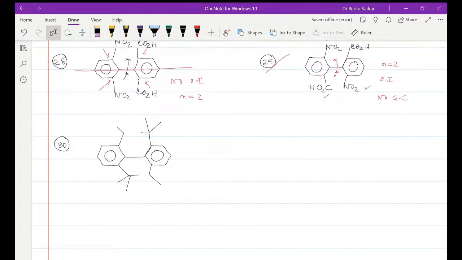Another similar case is one in which we have two different groups, that is ethyl and tertiary butyl, and ethyl. So there is restricted rotation in this molecule, and with n value being 2, the molecule will be showing optical isomerism.